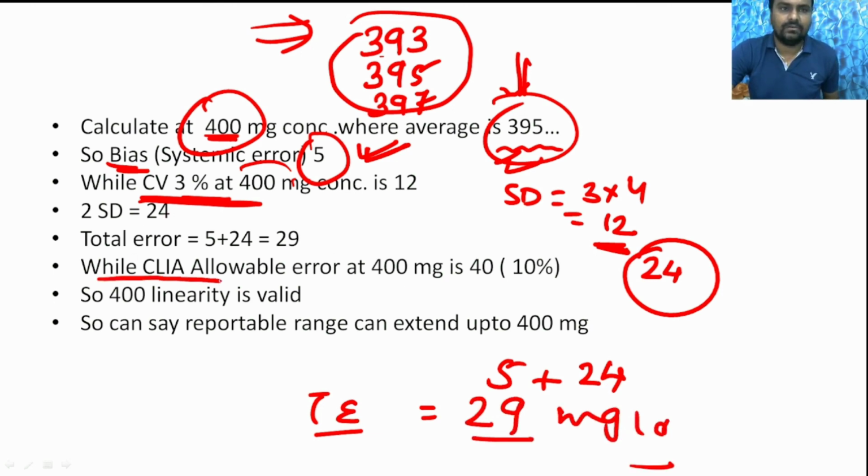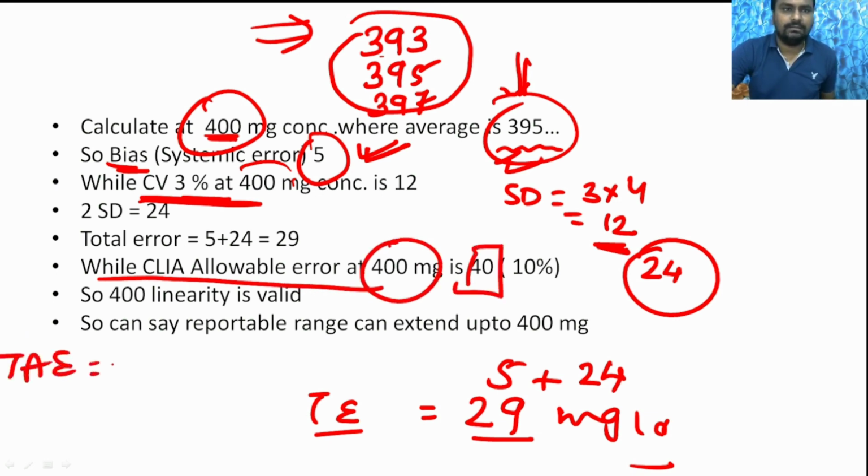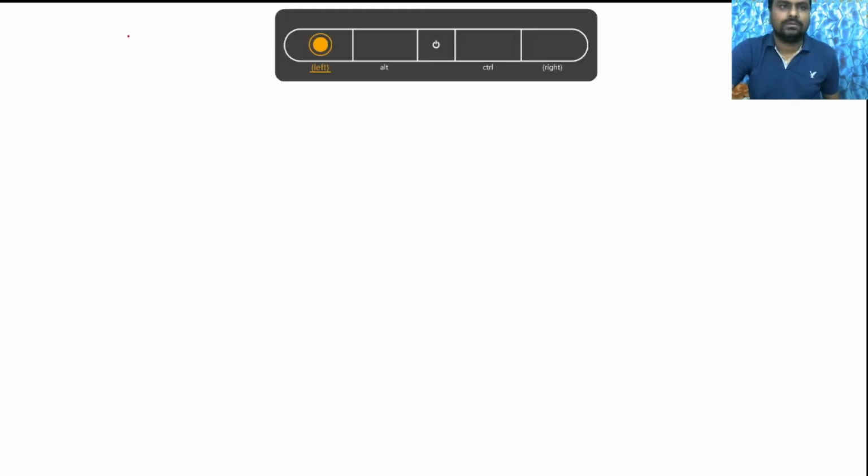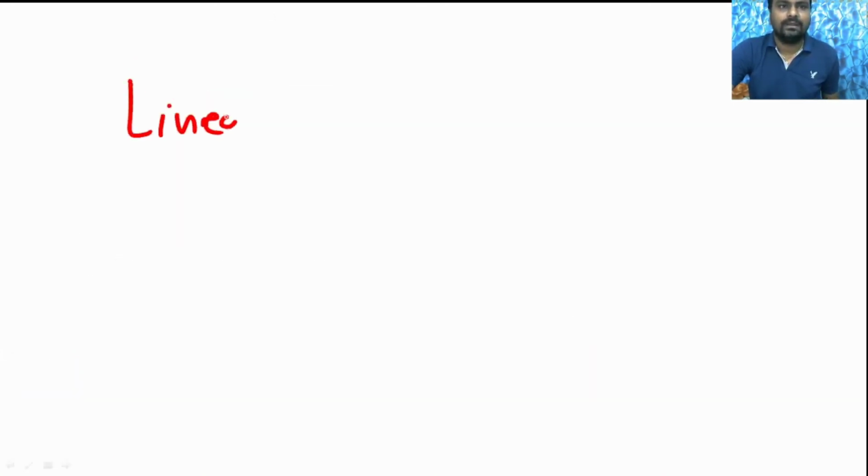If we see the CLIA allowable error at 400 milligram, 10% will be 40. So the total allowable error is 40 and our value is less than the total allowable error. So at 400 milligram the linearity is valid. So we can say the reportable range can extend up to 400 but not up to 500, right? So this is all about the linearity experiment.